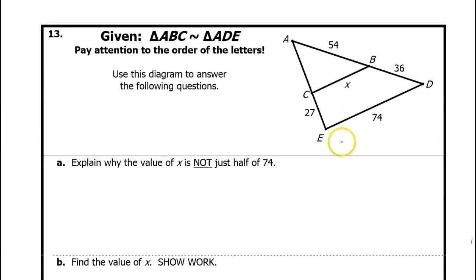All right, now number 13. Okay, pay attention to the order of the letters. So we need to draw the triangles separately. All right, so we have this small triangle.